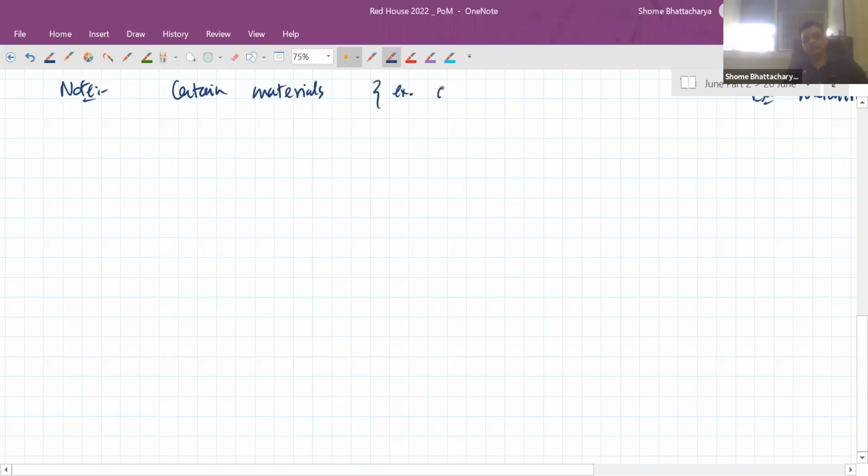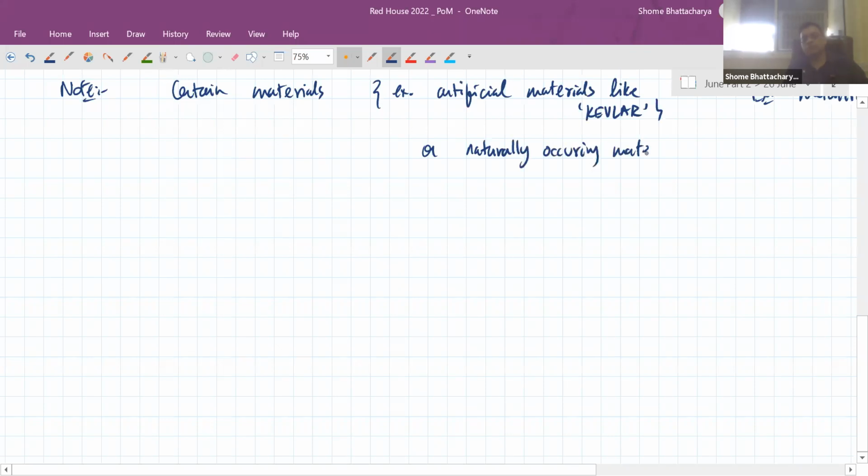For example, artificial materials like Kevlar, which is used for making bulletproof vests, etc., or naturally occurring materials, like some examples of some porous rocks.